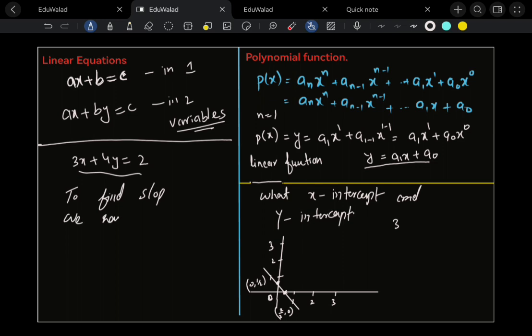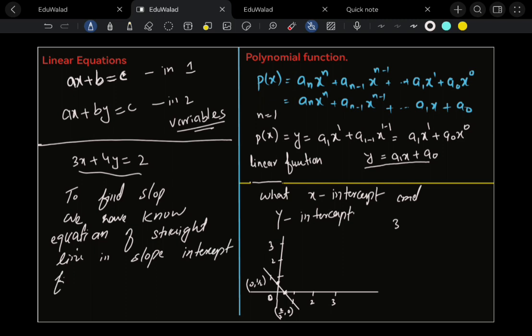We have to know the equation of a straight line in slope intercept form, which is y is equal to mx plus c. This is the equation of a line in slope intercept form.